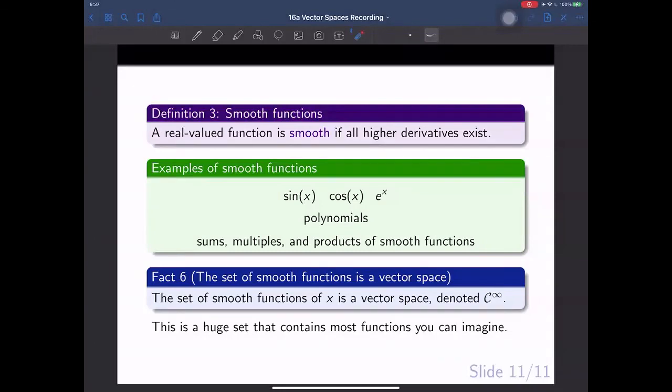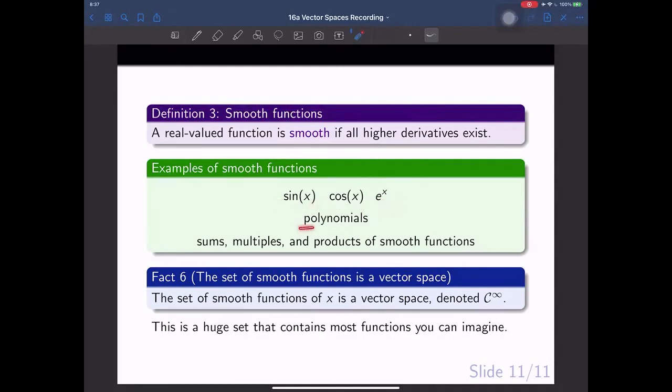A function is called smooth if it is defined everywhere and all derivatives are defined everywhere. Most functions you're familiar with are smooth. For example, sine x, cosine x, e to the x, they are defined everywhere and they can be differentiated as many times as you like.